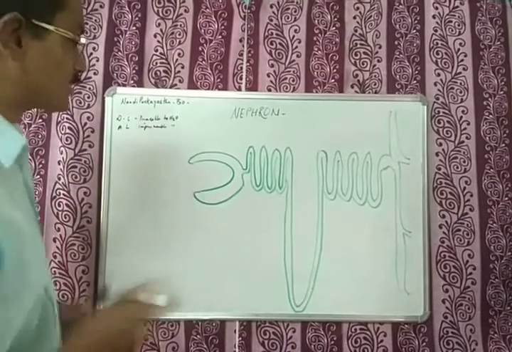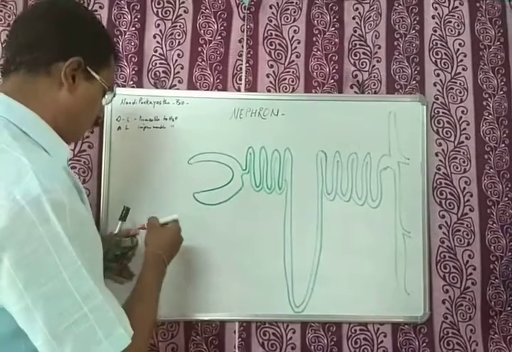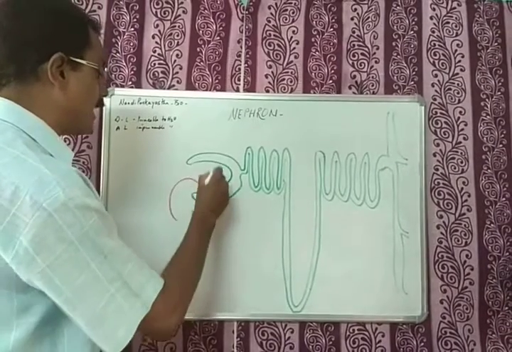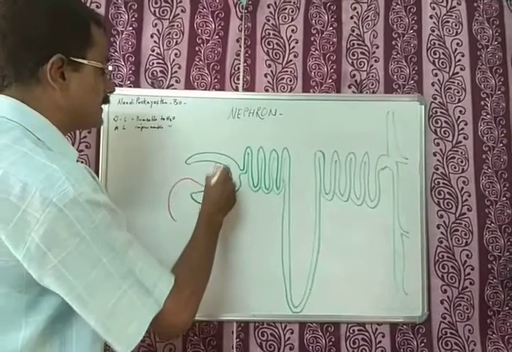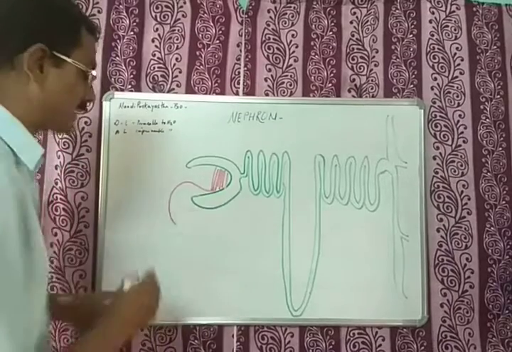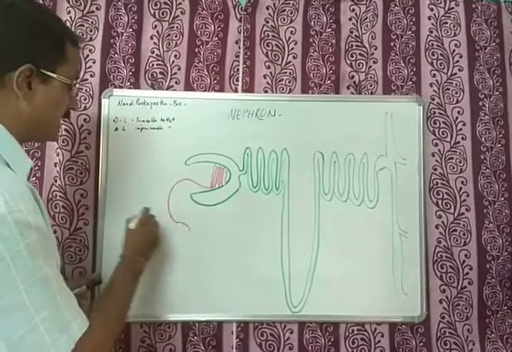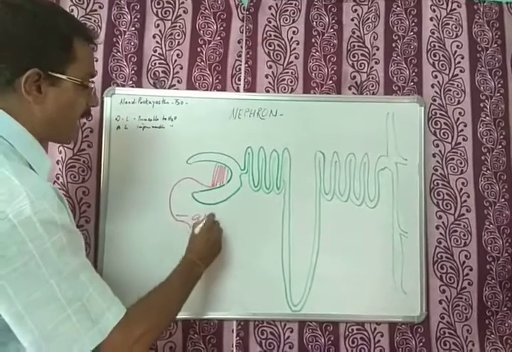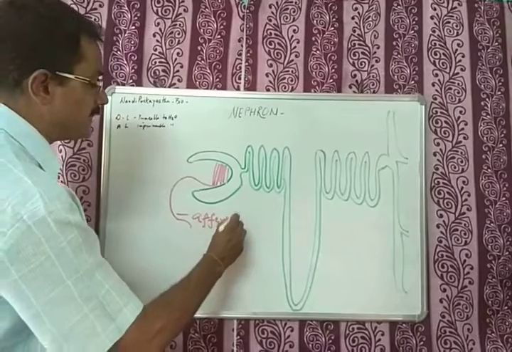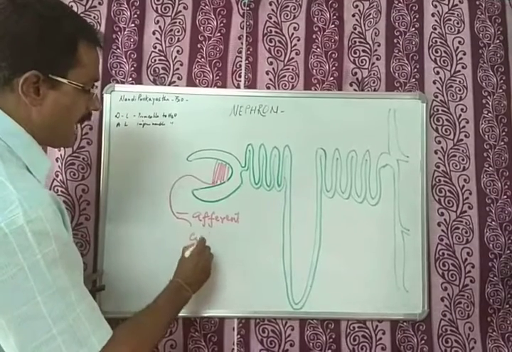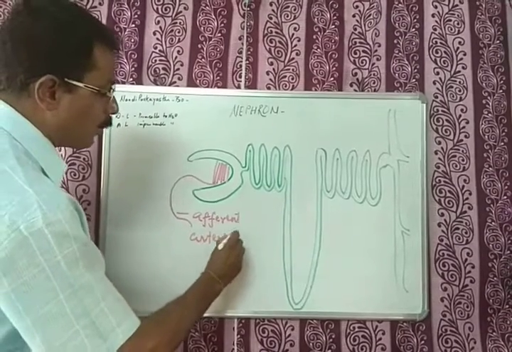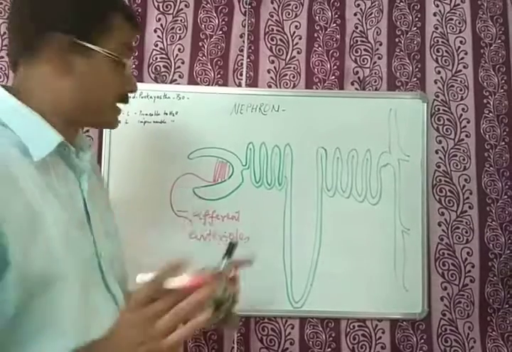See, students, first of all, this is the one blood capillary that will be coming. The one that is coming is called the afferent arterioles.